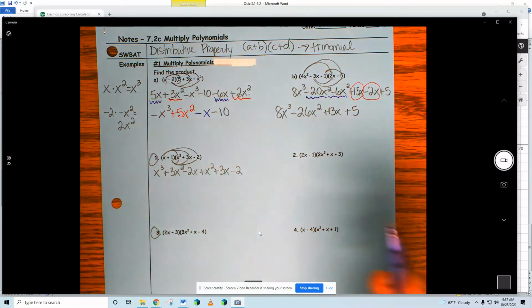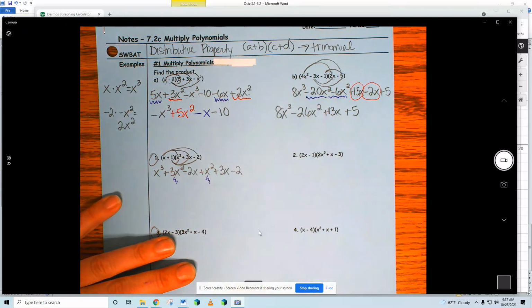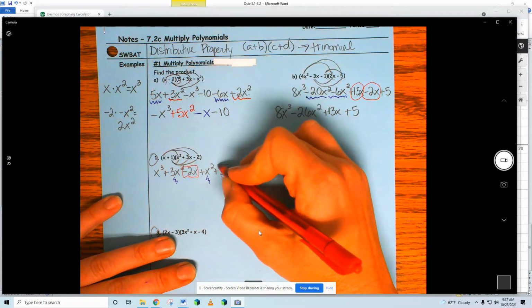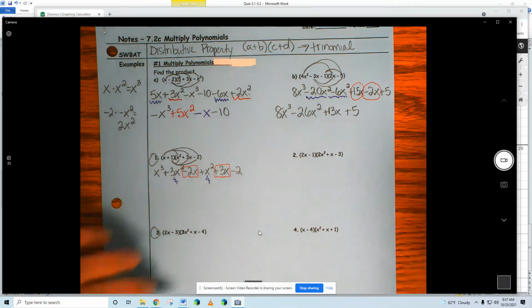And let's do like terms. All right. X cubed.